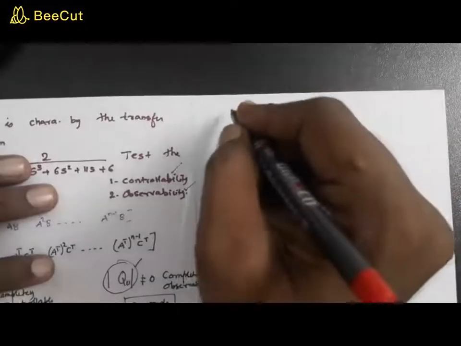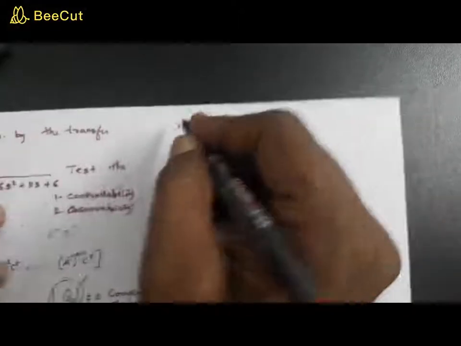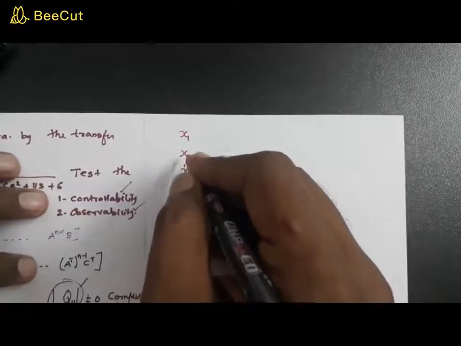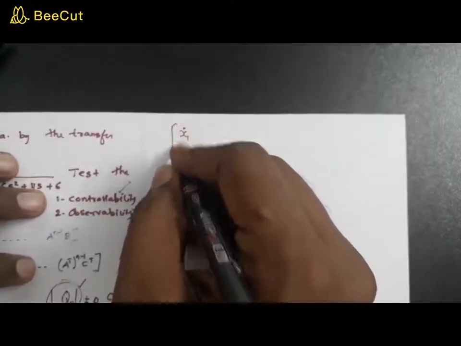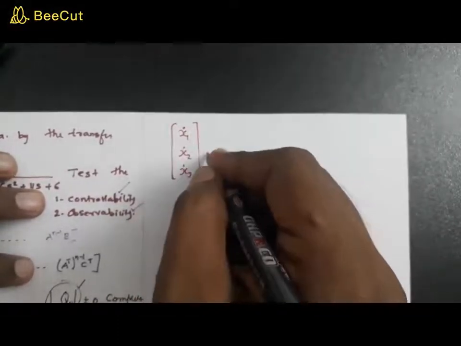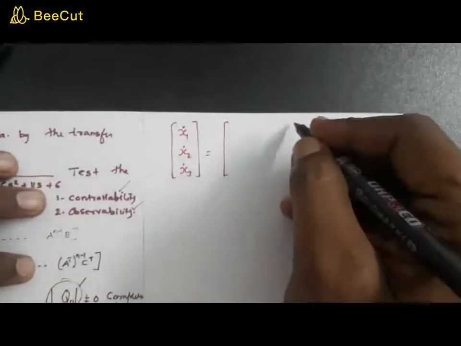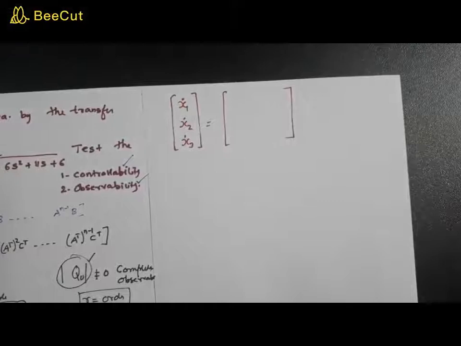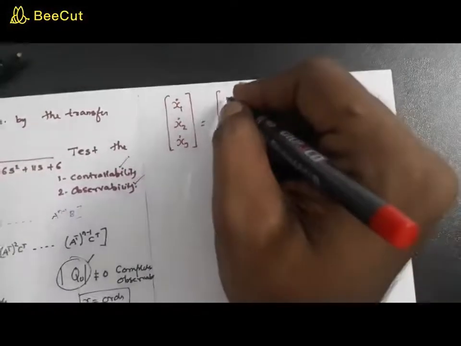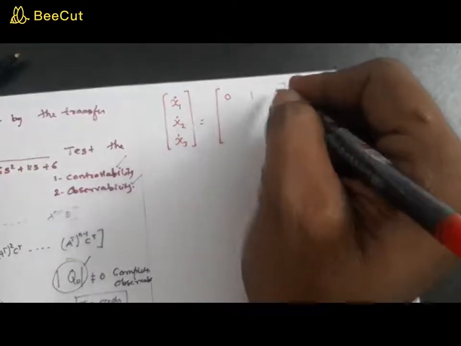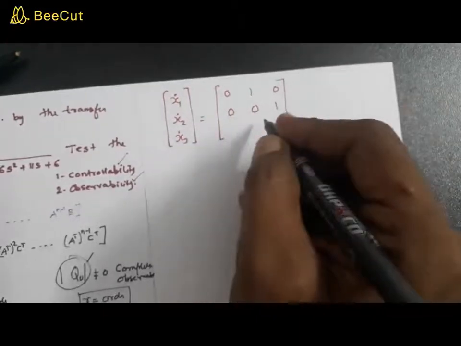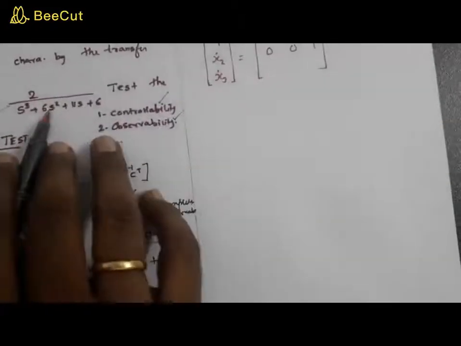Now finding that, you will get the matrix of x1 dot, x2 dot, x3 dot equal to, since what you get is a canonical controllable form, 0 1 0, that's what we studied previously, 0 0 1, and the last row will be the negative of the coefficients of the polynomial.